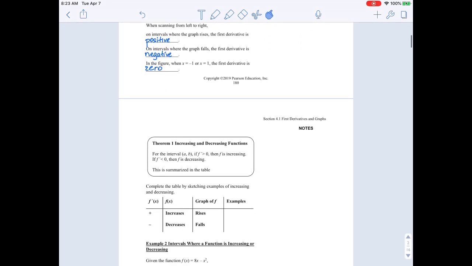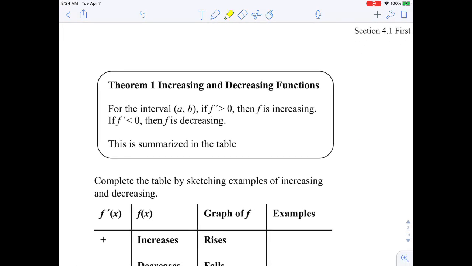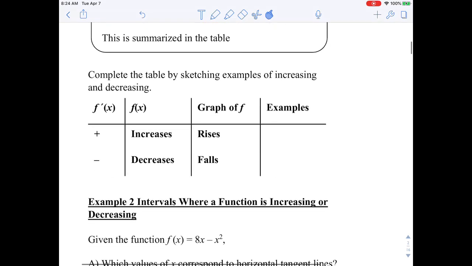Okay, so if we look at that, our original function is increasing when our first derivative is greater than 0, and it's decreasing when our first derivative is less than 0. So we can create this nice little table here.